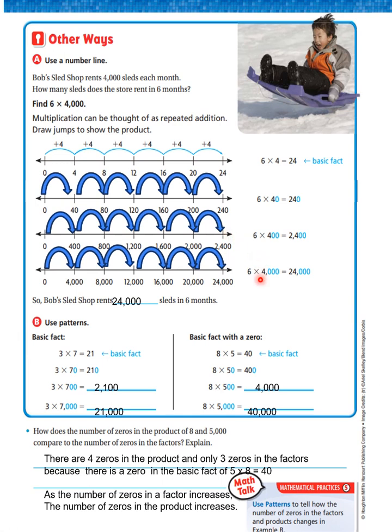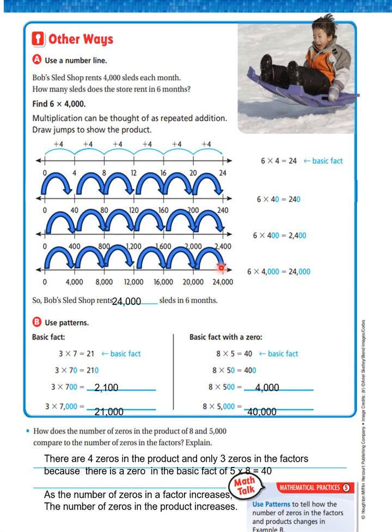Now, 6 times 4,000 is 10 times more than 6 times 400. 6 times 4,000 is 24,000. Let's look at that. 4,000, 8,000, 12,000, 16,000, 20,000, 24,000.